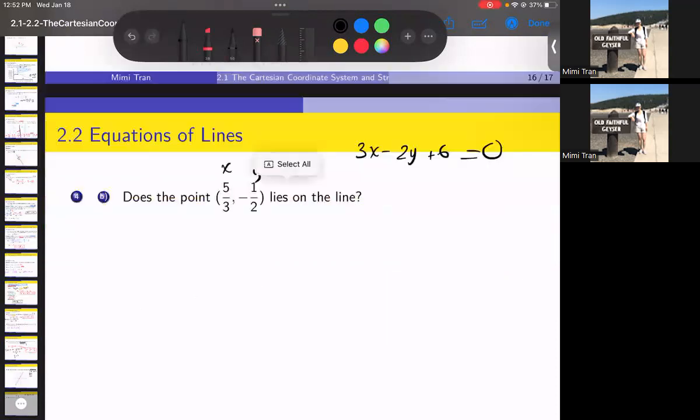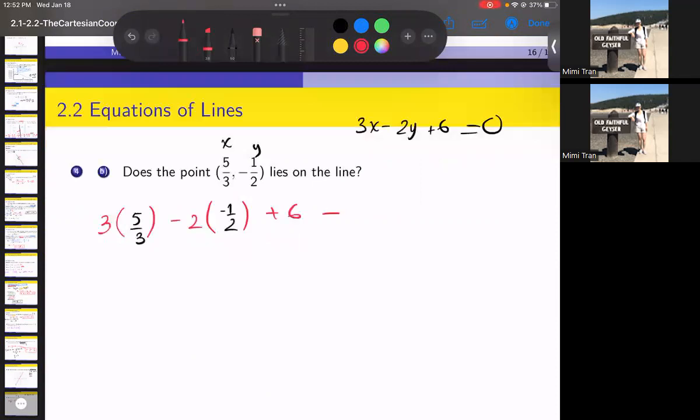Let's see if I plug it in, see what happens. So 3 times x, which is 5/3, minus 2 times y, which is -1/2, plus 6 equals 0. 3 and 3 cancel, so 5 plus 1 plus 6 is equal to 12, so definitely not equal to 0.